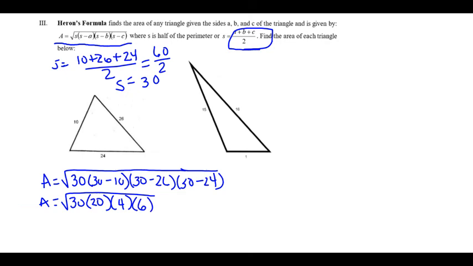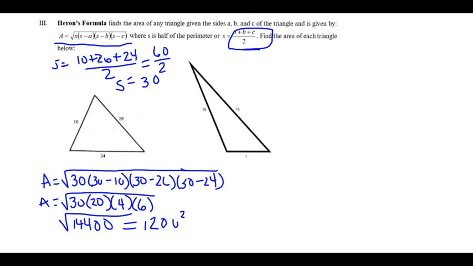And if we do 30 times 20 times 4 times 6, we get the square root of 14,400, and that equals 120. So the area is 120 units squared.